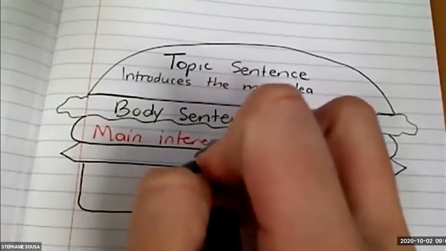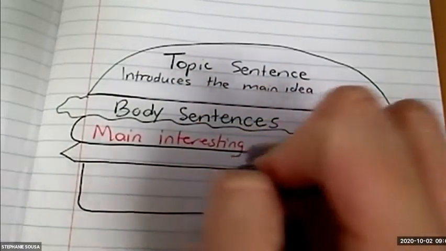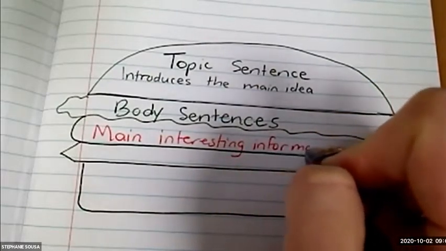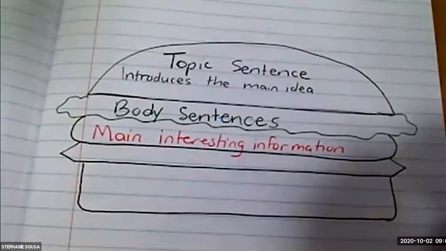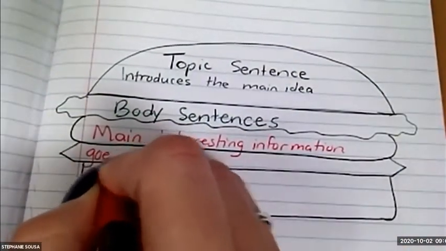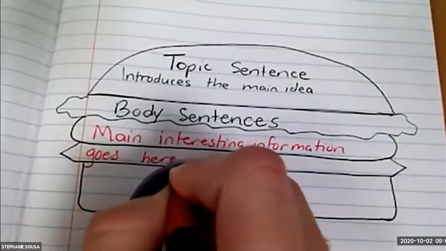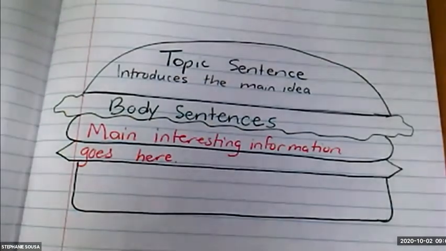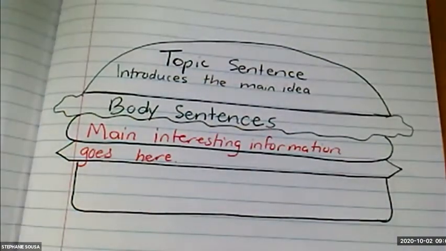interesting information goes. So the main interesting information goes here. So for instance, many of you have created a topic sentence that says something like, animals use their adaptations to help survive in their environments.